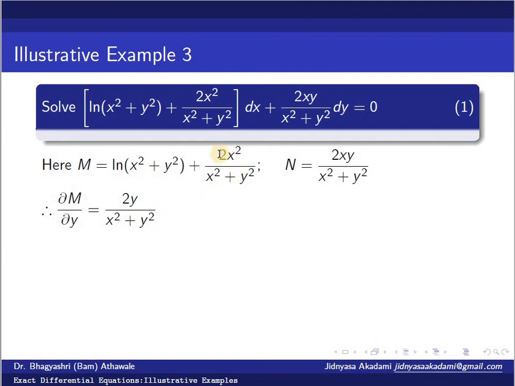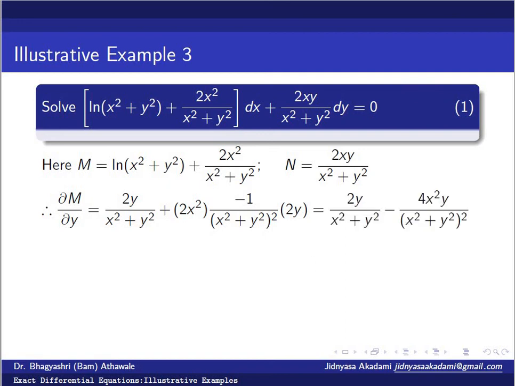Plus, here numerator is not a function of y. So there is no need to use division rule. I am taking 2x square outside. Derivative of 1 upon some bracket is nothing but minus 1 upon square of that bracket into derivative of that bracketed term, which is x square plus y square. With respect to y, derivative of x square plus y square is 2y. Now simplifying it, we get this.